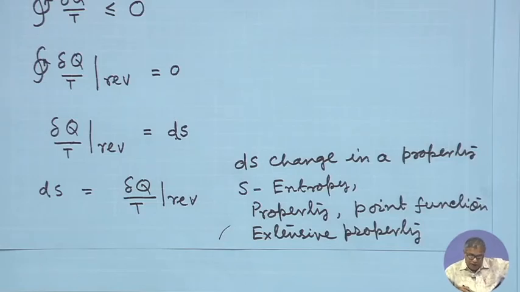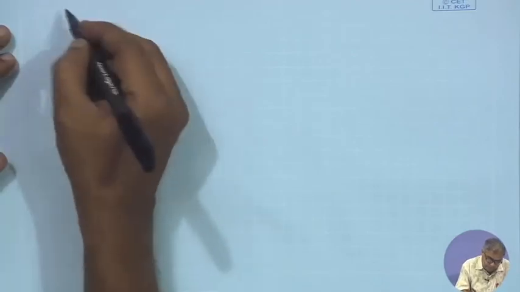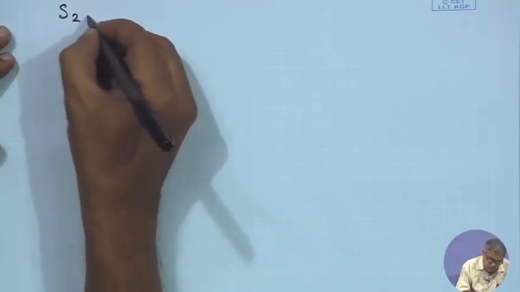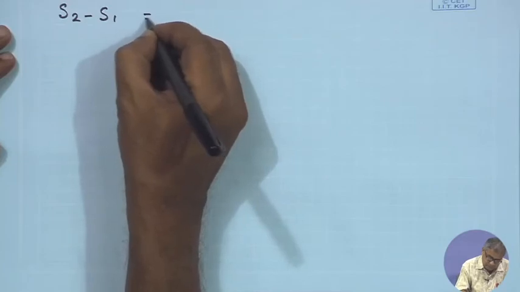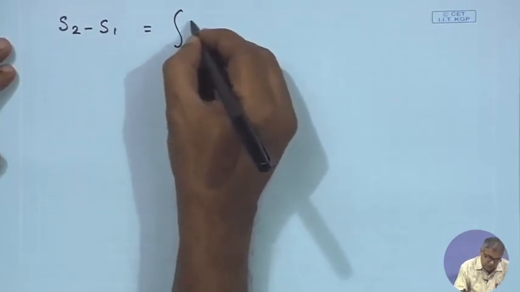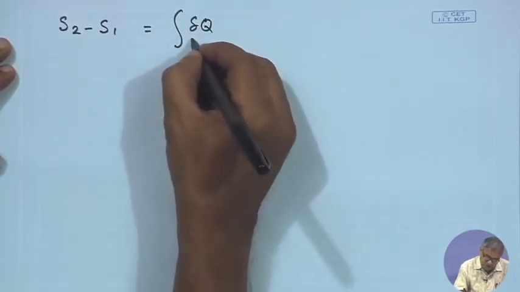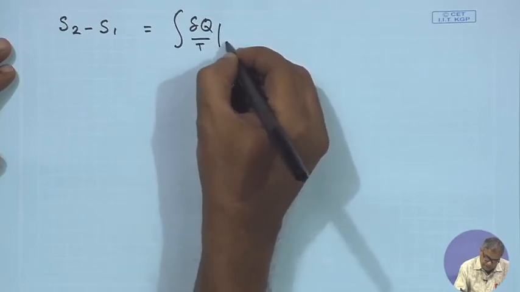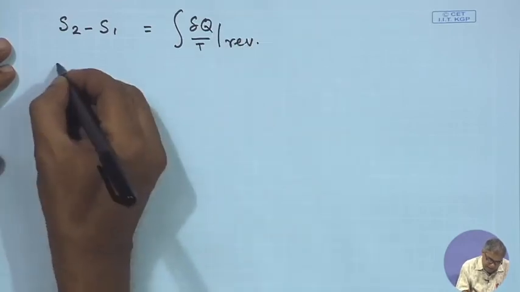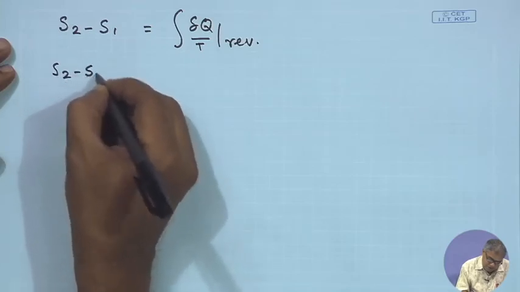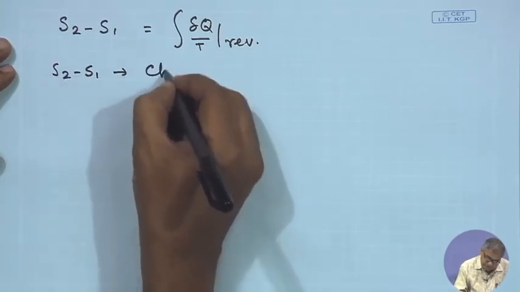So, then you see we are coming across a very important property called entropy from the Clausius principle or Clausius inequality relationship. So, we can write S2 minus S1, integration is possible. So, it should be dq by T reversible, and S2 minus S1 is the change in entropy.